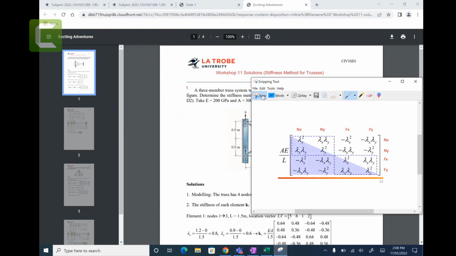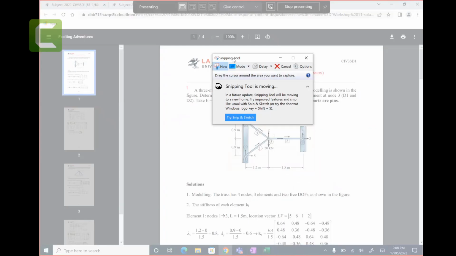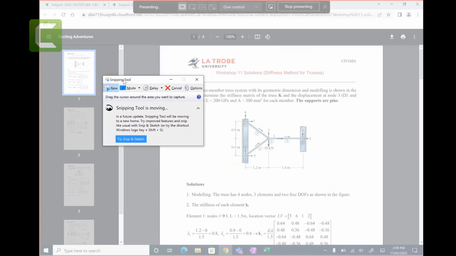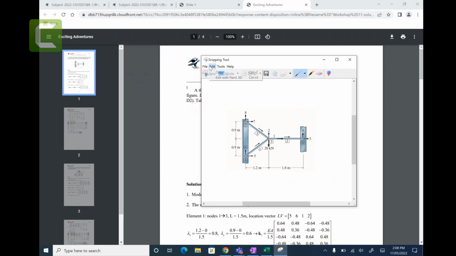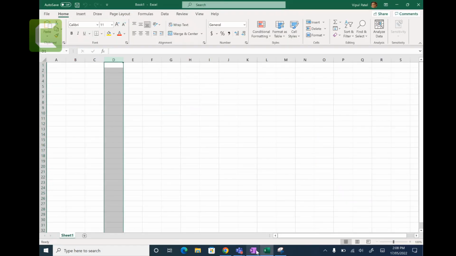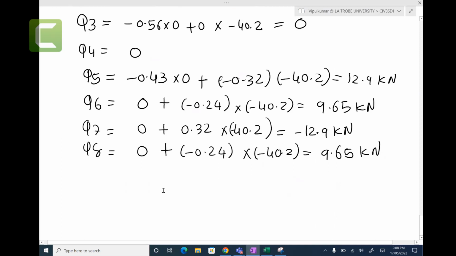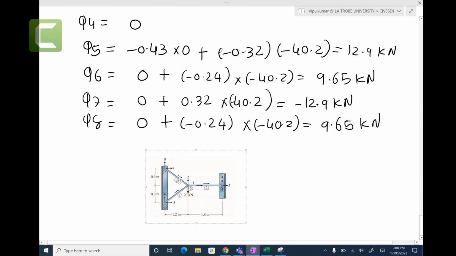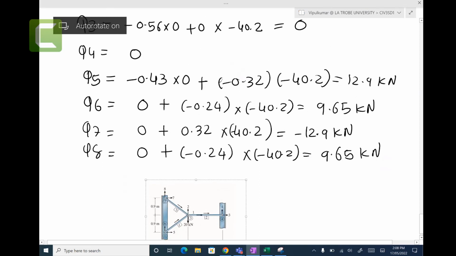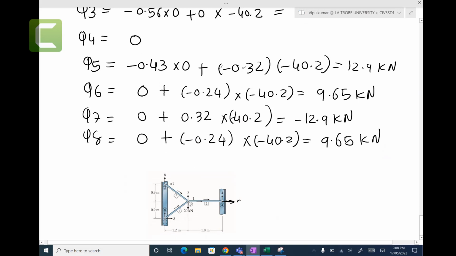Let me get this one. Copy, paste. So what does this indicate? At Q3, the reaction force here is 0. Reaction force here is 0.